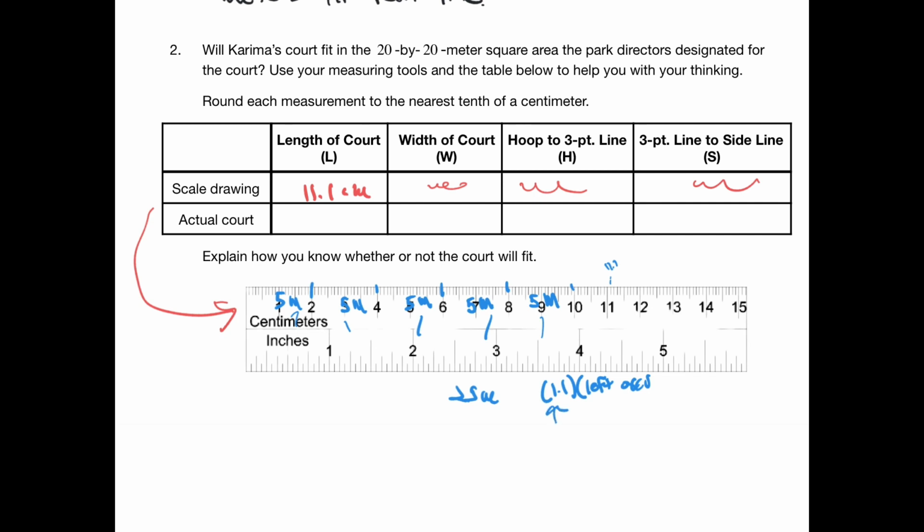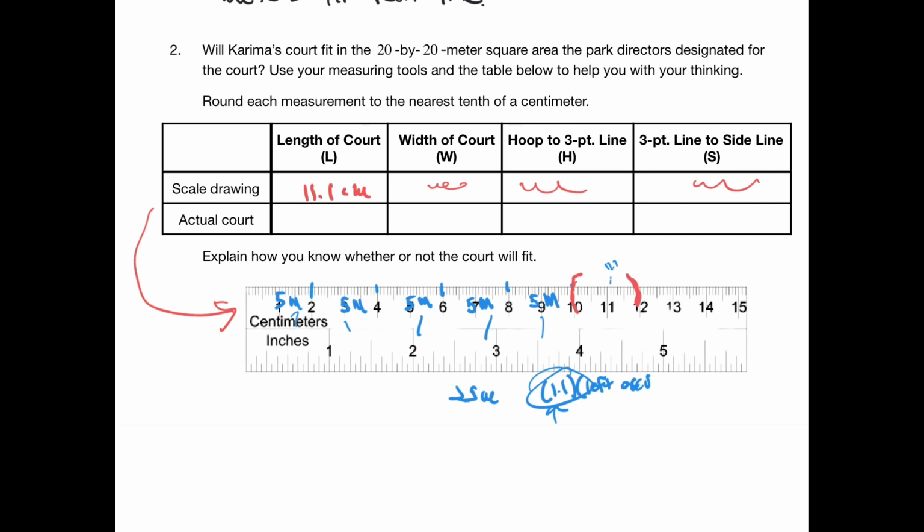That's where sometimes the ruler doesn't necessarily work out. So what you can do is, this is part of this whole here.